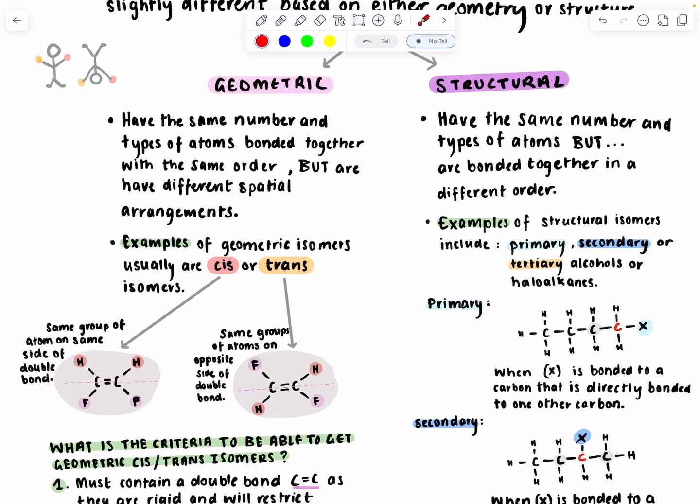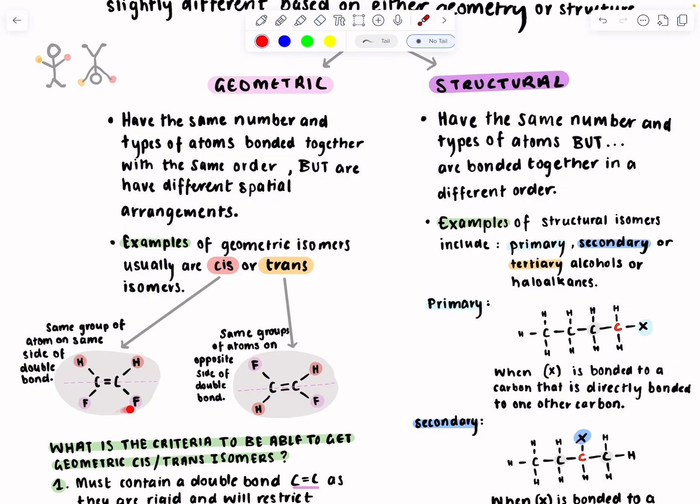What we notice is if we were to draw this dotted line as a bit of a plane between this double bond, we can see that on one side of this double bond we've got the same type of atom. We've got hydrogens on this upper side of the double bond.